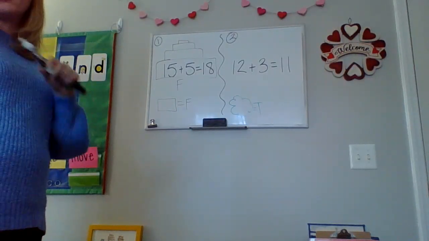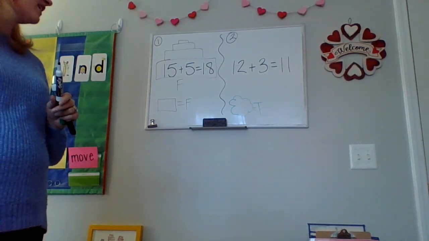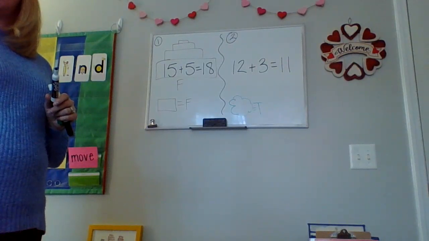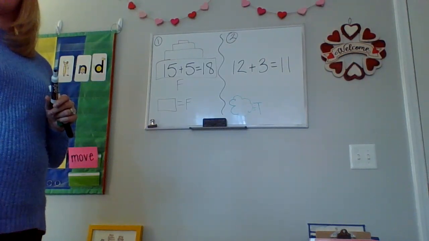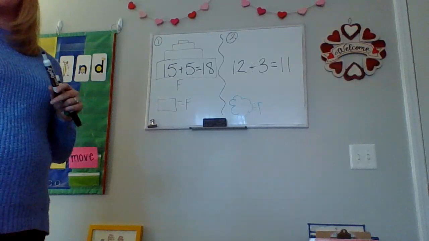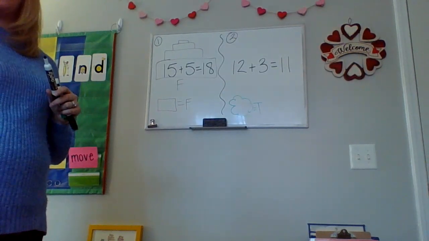I'll get to you on the second one. What does 15 plus 5 equal? It equals 20. So that's another way to know that it's false. Good job. That's right. That's how we know.